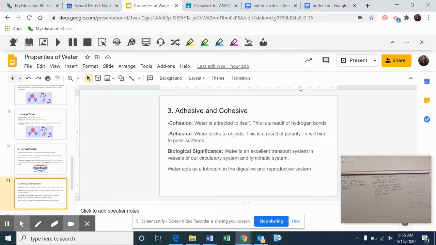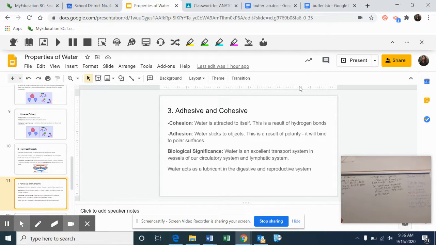Okay, so why is this important? This is actually really important in your circulatory system. We want something that is going to stick to other things and to itself as it flows through your body.